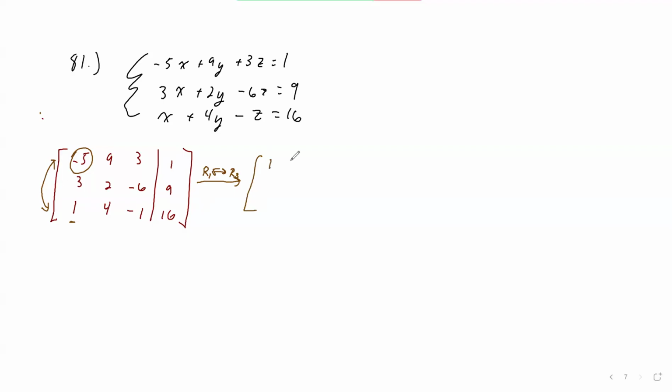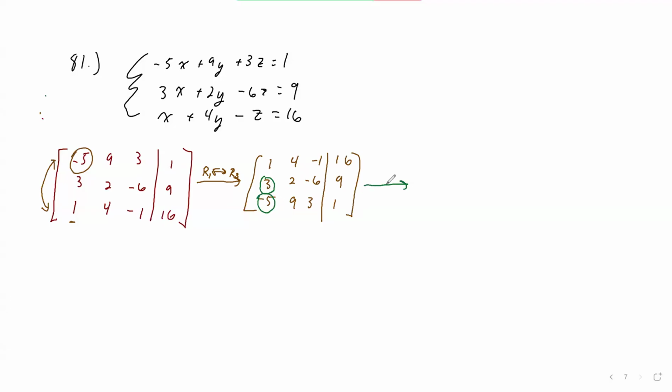So now I have 1, 4, negative 1, 16. 3, 2, negative 6, 9. Negative 5, 9, 3, 1. All right, my next two steps I'm going to do at the same time. I want to make this a 0, and I want to make this a 0.